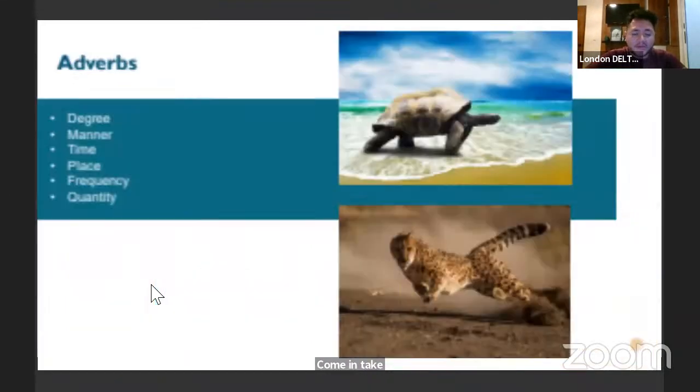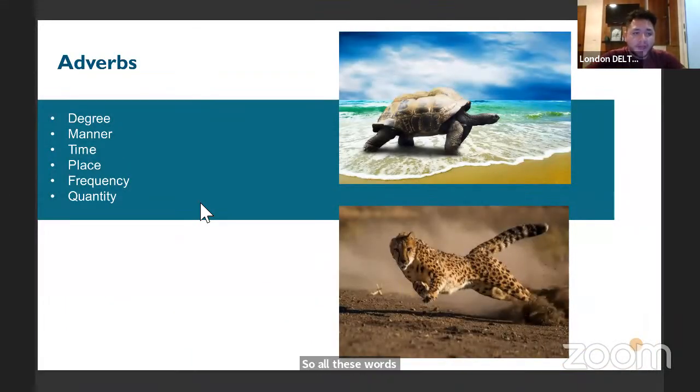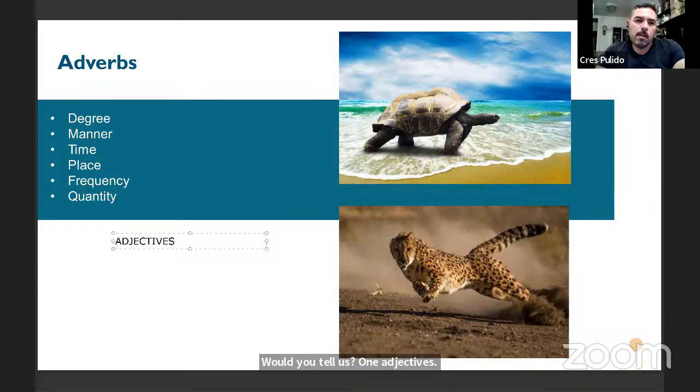No están en esta diapositiva, pero también hay otro grupo que son los adjectives. Adjectives. And do you remember what are adjectives? Could you tell us what are adjectives? They are about the characteristics of the nouns.